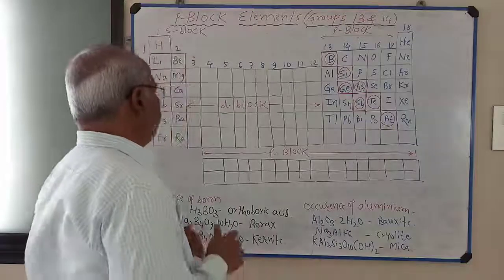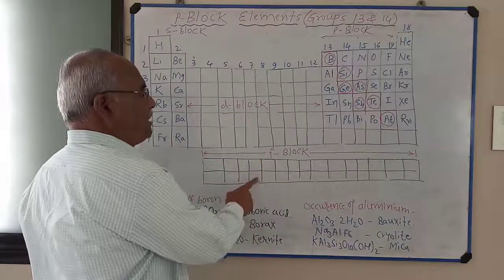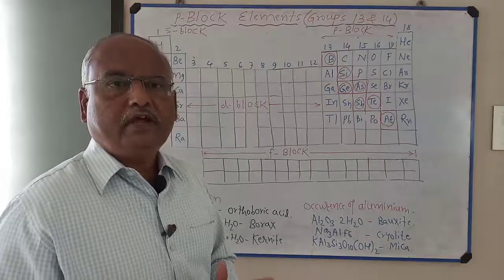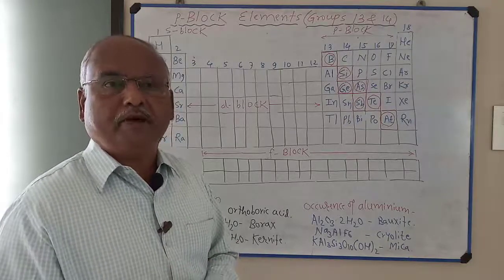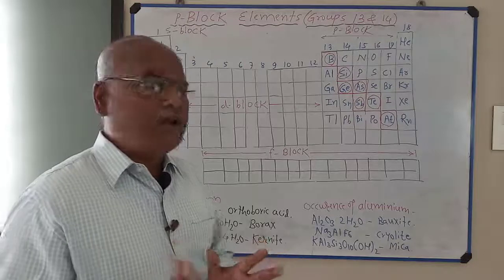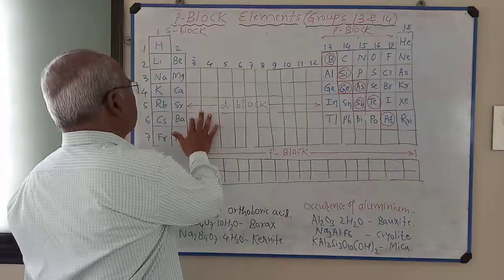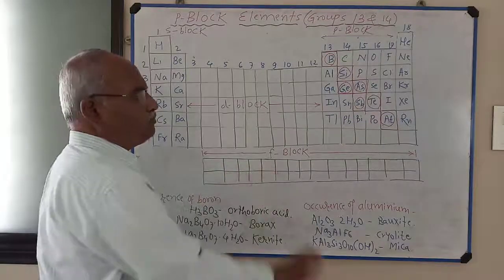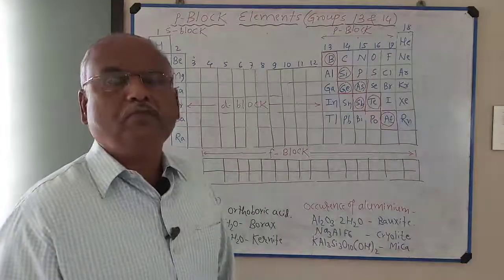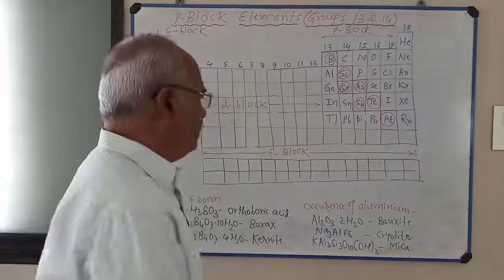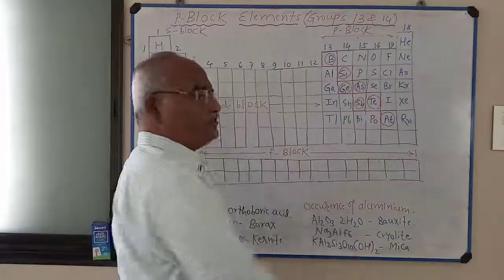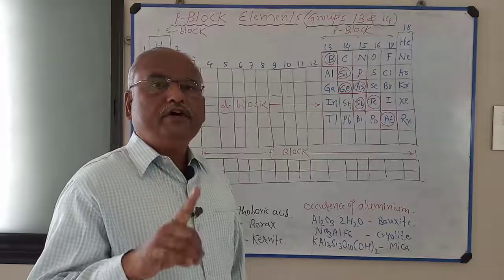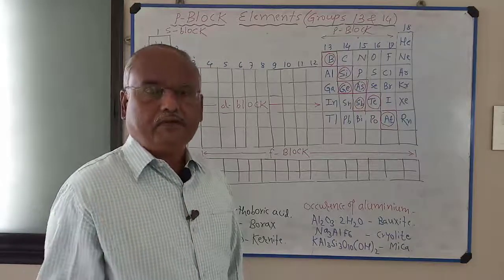Then F block elements are placed in separate rows at the bottom of the periodic table. They are members of third group. They are placed in 2 separate rows at the bottom of the periodic table. F block elements are called inner transition elements.